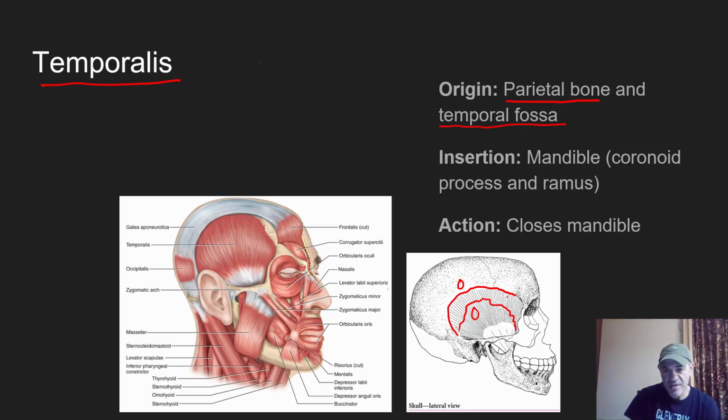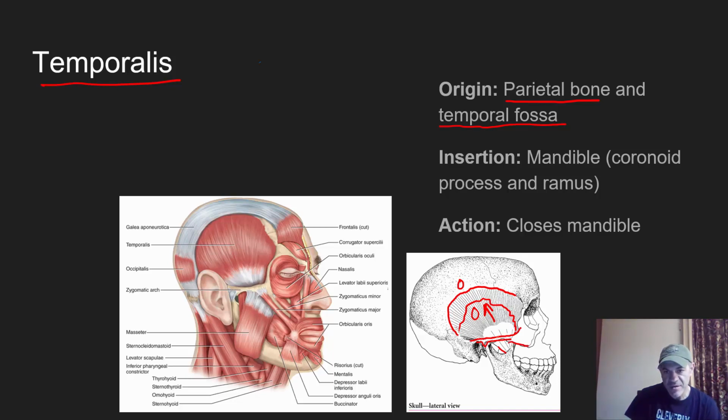So the origin is all of this here, and so that means when this muscle contracts along the fibers, we're going to be pulling in this direction. And if we go to the other end over here, we see that the muscle now starts to turn into the connective tissue, overall a tendon right here, and that tendon is coming underneath or behind this process, the zygomatic process of the temporal bone and the zygomatic bone here.